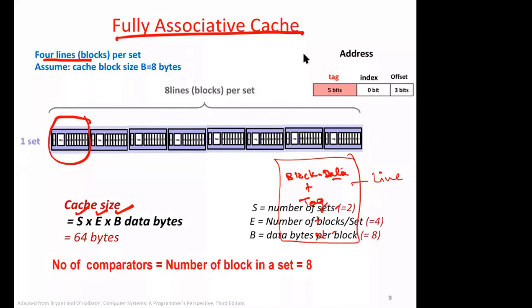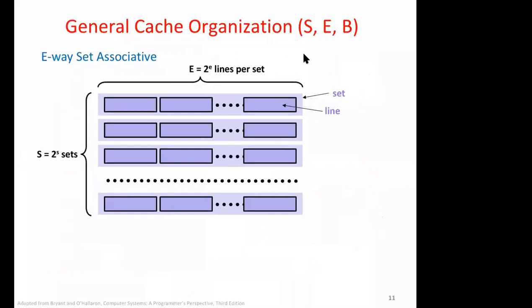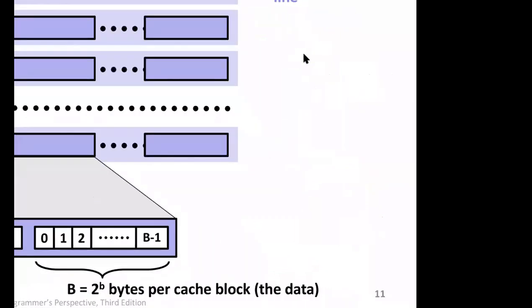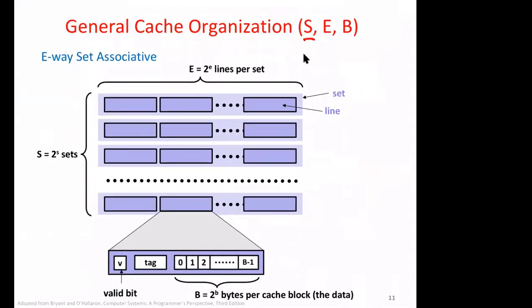Another notation that we have used is in terms of E. This is the way we represent a general cache as S, E, and B. S is the number of sets: 0th set, first set, second set, and so on.